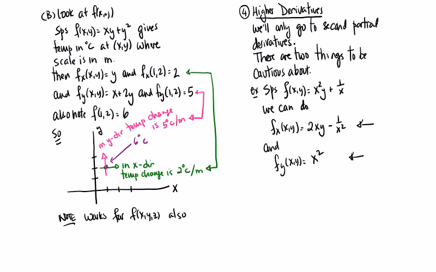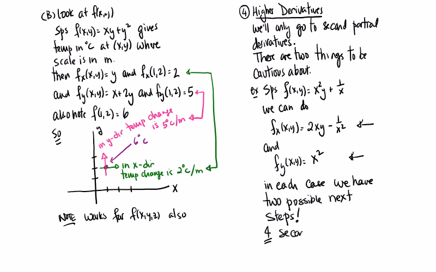In the second case, we did it with respect to y, could be y again, could be x again, which means in each case we have two possible next steps. So there are 4 second partial derivatives, or second partials, if you like. The word partials is sometimes used to mean partial derivatives.